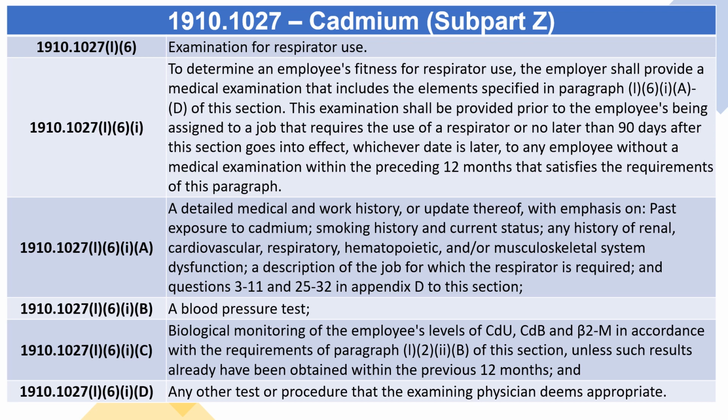A blood pressure test. Biological monitoring of the employee's levels of CDU, CDB, and beta-2M in accordance with the requirements of paragraph L. 2(b) of this section, unless such results already have been obtained within the previous 12 months, and any other test or procedure that the examining physician deems appropriate.